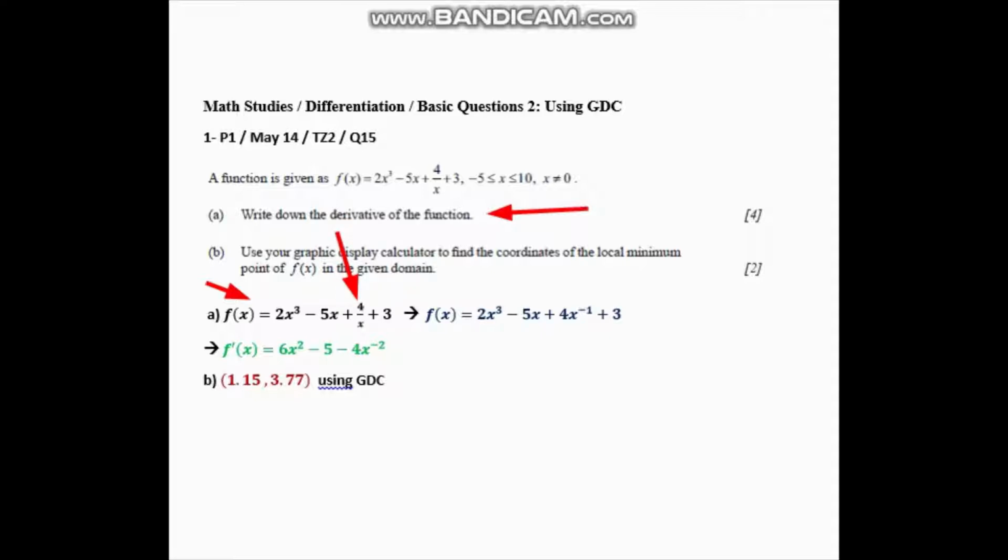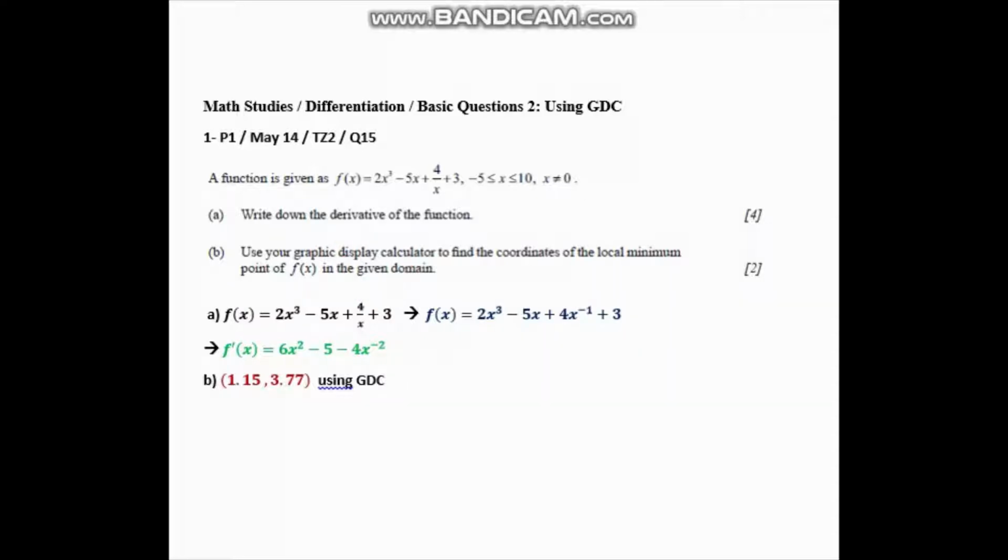We said that if x ever appears in the denominator raised to any power, whether x or x squared or x cubed, I take it up to the numerator and I write the power in negative. So here I had 4 over x to the power of 1. It became 4 times x to the power of negative 1.